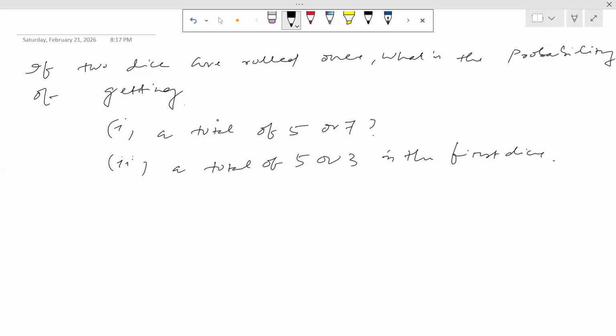So let me write it. Already we know how many elements will be there in this sample space? 36. Who told this, Sangeeta? Yes, sir.